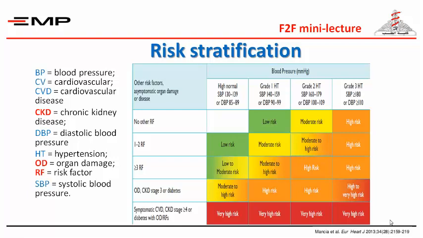The presence of chronic kidney disease and the presence of organ damage, all these factors are used in this table to risk stratify our patients. Our risk categories are low risk, moderate risk, and high risk. This table will be explained in detail in the face-to-face mini lecture, inshallah.